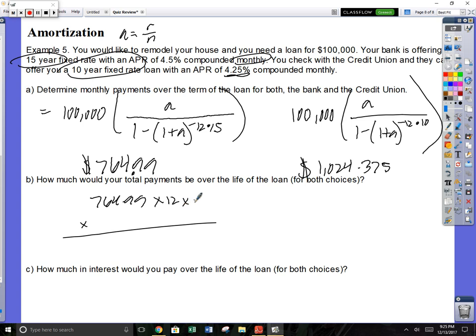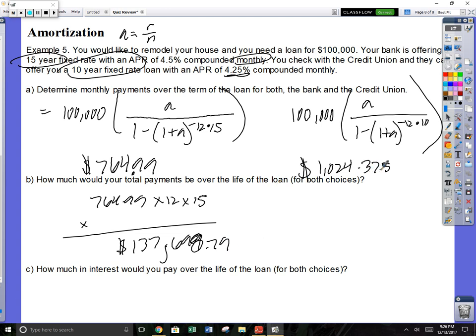And you're going to do that for 15 years. So you got to times by 12, you got to times by 15. The amount of money you are going to pay is 137 grand 698 and 79 cents.